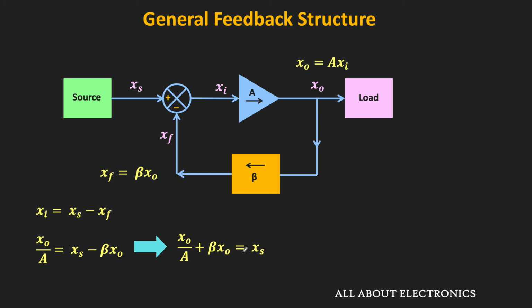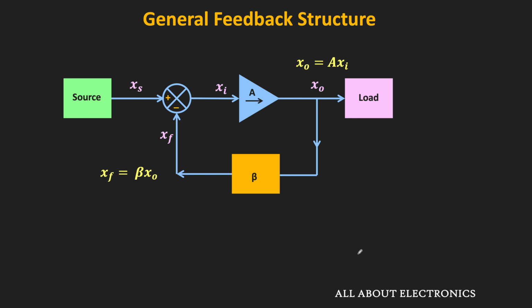If we take X0 common and rearrange the expression, then X0 divided by Xs is equal to A divided by 1 plus A beta, where A is the open loop gain of the amplifier and beta is the feedback factor.